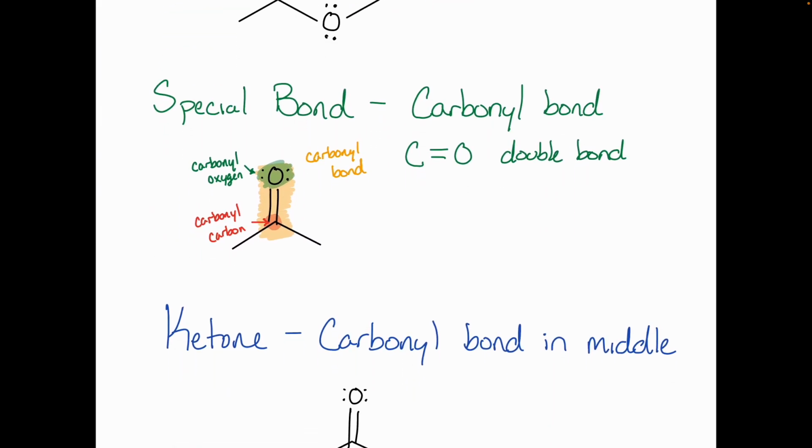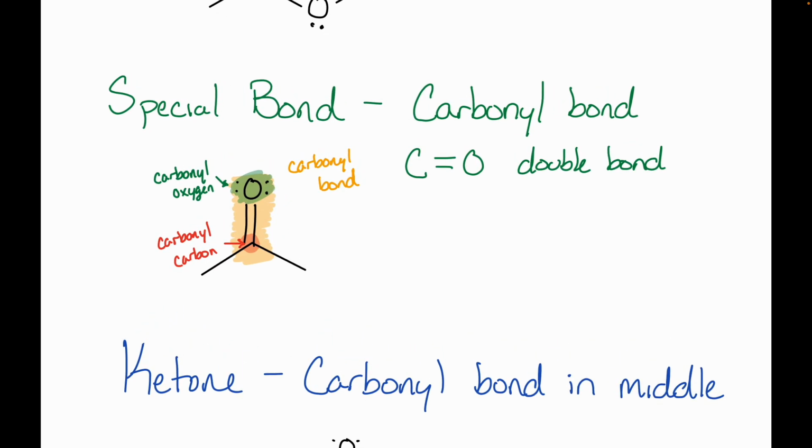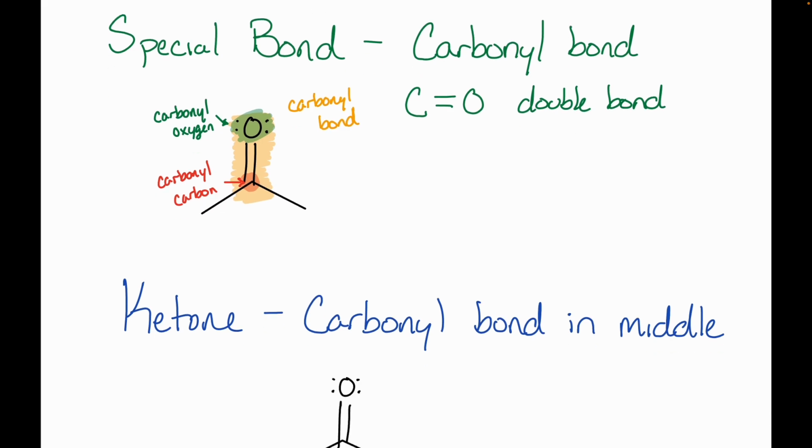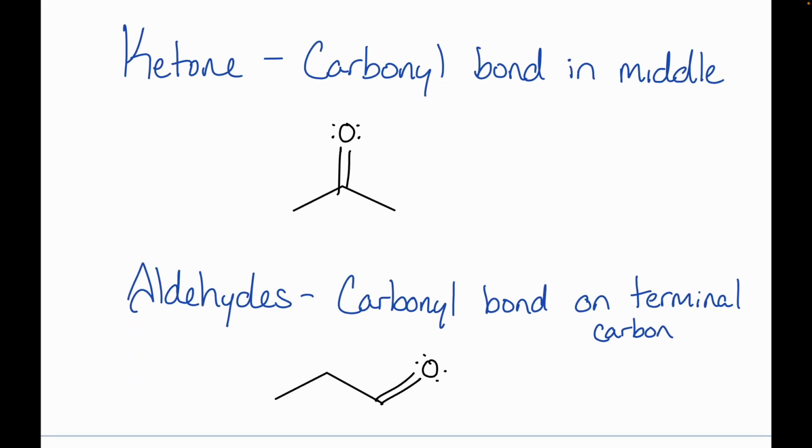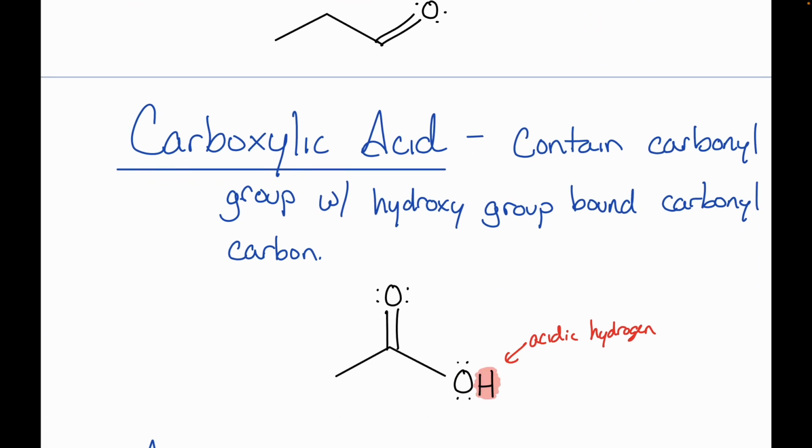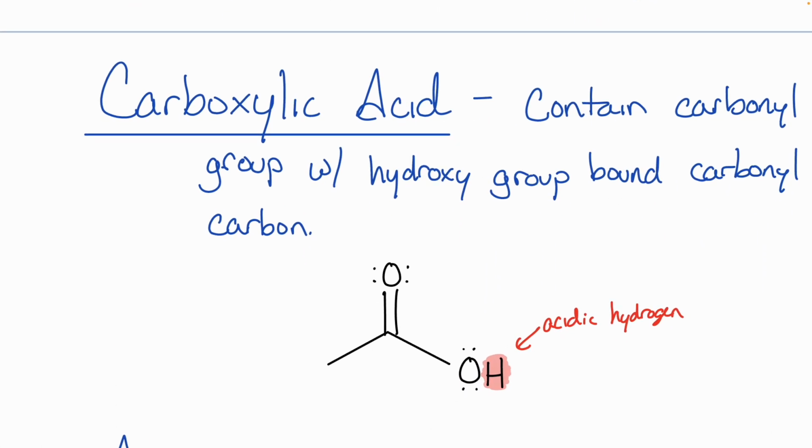And then we have a bunch that contain this special carbonyl bond, this carbon-oxygen double bond that we're going to see quite often. Ketones and aldehydes both contain that carbonyl group. For a ketone, it's in the middle of a molecule, whereas for aldehydes, it's sticking off at the end of the molecule. And then a carboxylic acid contains both that carbonyl group and that hydroxyl group, the carbonyl group of a ketone or aldehyde, but also the alcohol's hydroxyl group, all in one shot.